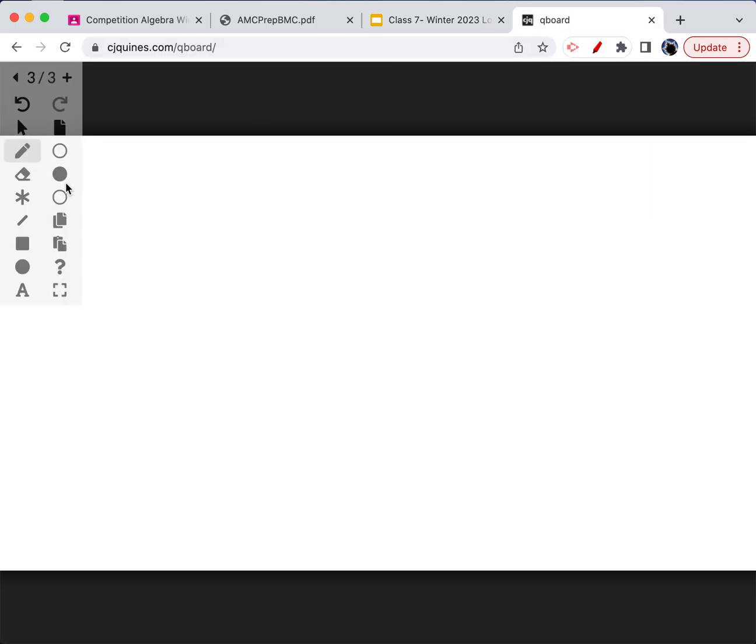So first thing we do is we write down what the vowels are. So we have A, E, I, O, U. So those are all our possible vowels.